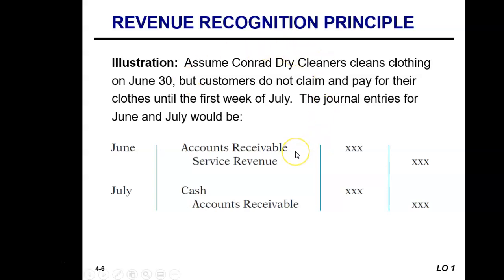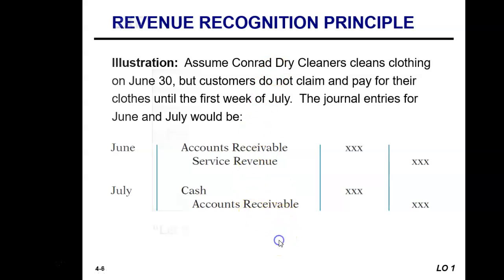You would debit the accounts receivable account for the amount that's owed and credit your service revenue account. When we receive the actual money in July, at that point, we'll debit the cash account and credit accounts receivable. But once again, notice that the revenue was recognized in June because the performance obligation was satisfied during the month of June.